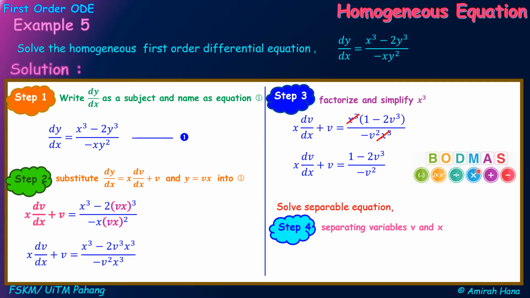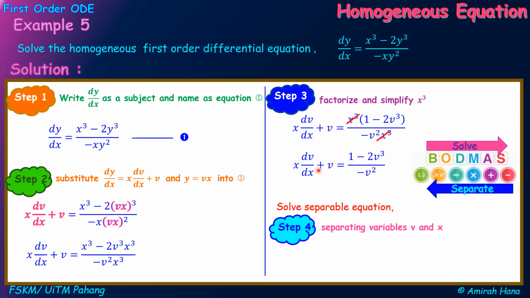BODMAS is an acronym and it stands for bracket, order, division, multiplication, addition, and subtraction. If we want to solve a mathematical operation, we need to follow the order of BODMAS. But if we want to separate, we need to reverse the order.